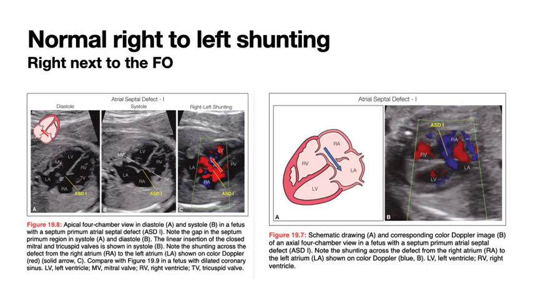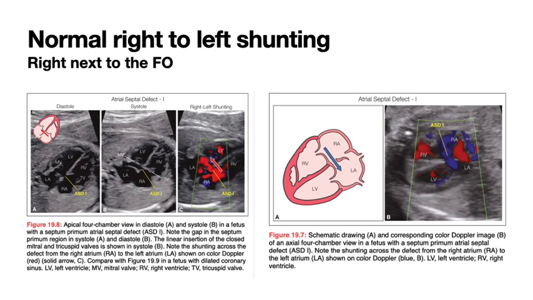All right. Now, normally, the flow tends to be right to left. That is the net flow all the time through the foramen ovale. Even though it's a little bidirectional at times, overall the net movement is from right to left.